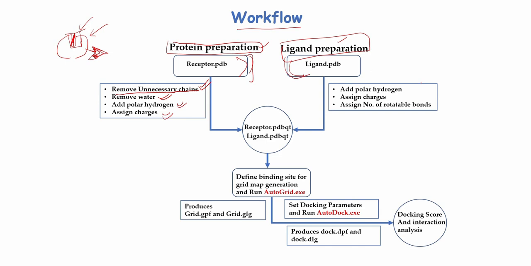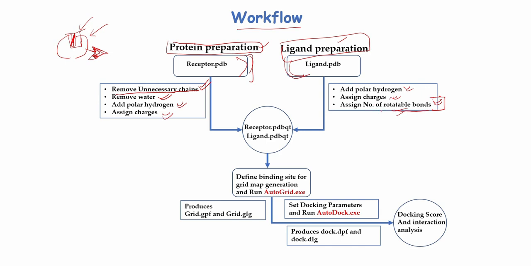Okay, so for now we are just going to use the default option for the rotatable bonds, but once you are confident enough to execute all the steps, you can play around with how to change the rotatable bonds. So many parameters you can play around with, but let's use the default option for this example, and when you are confident enough, you can play around with the other parameters.